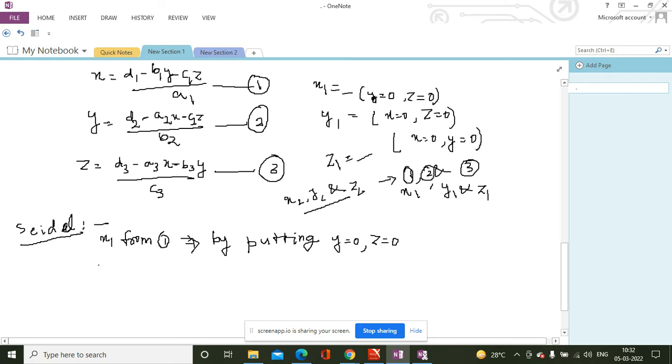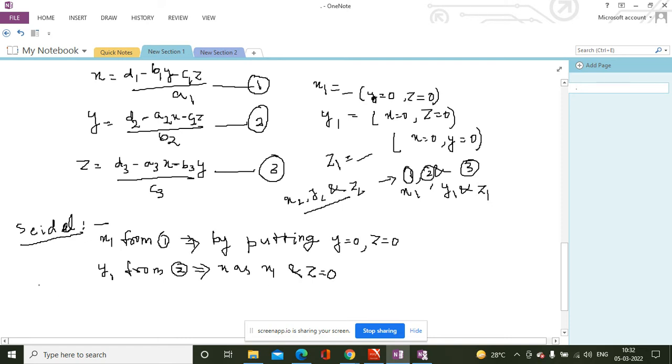But for y1 from equation 2, we put the x1 we have just obtained from equation 1, and z equal to 0.